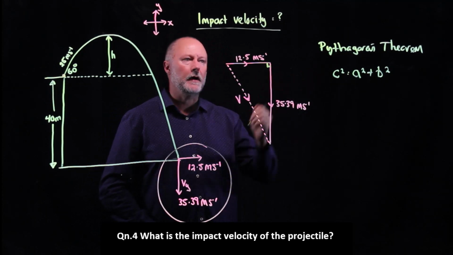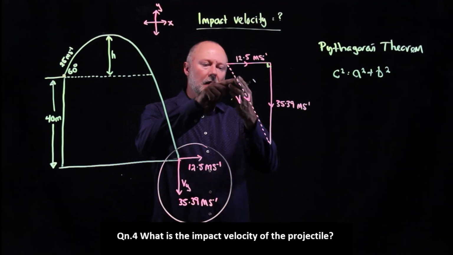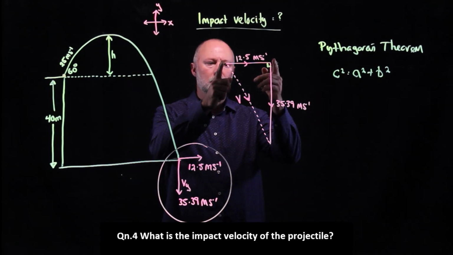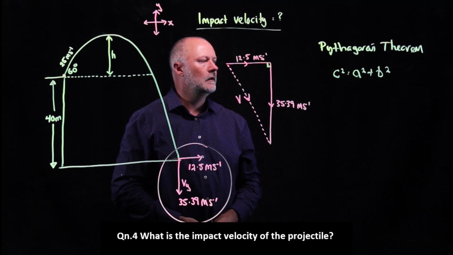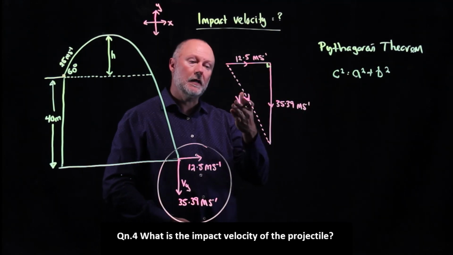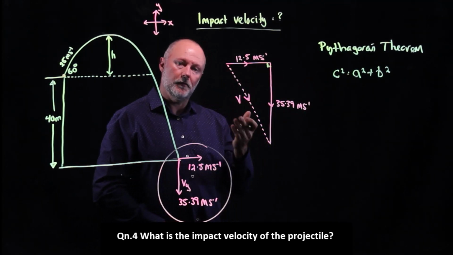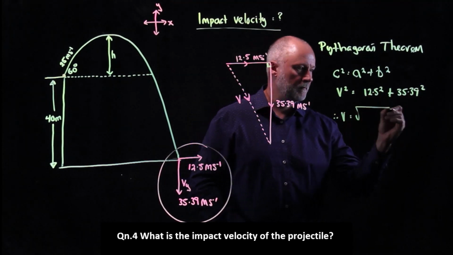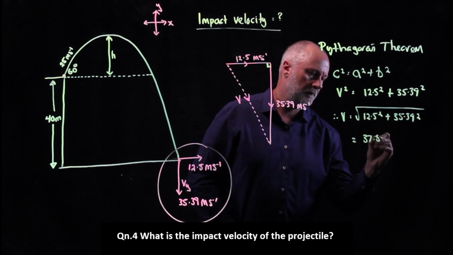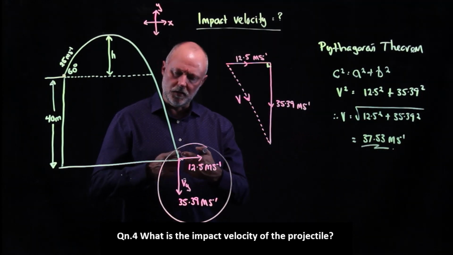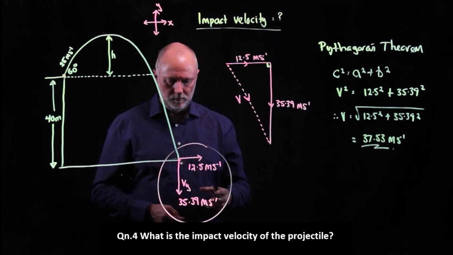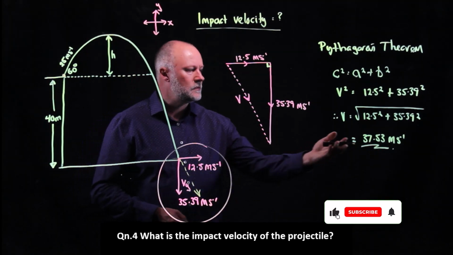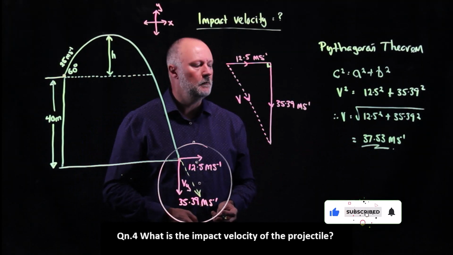Accordingly, we can use Pythagoras' theorem, which states the large diagonal side squared is equal to side 1 squared plus side 2 squared. So let's sub our values in and solve for the unknown value of v, the final impact velocity. So the impact velocity at this point, heading in this direction, is 37.53 meters per second.